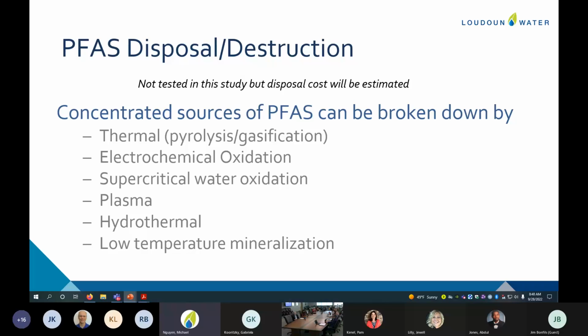But the low temperature mineralization, this was the Northwestern study that we all saw, where the news articles came out and declared, we've figured out how to destroy PFAS and it's very cost effective. We just used some really common solvents and broke it apart. So this was at a scale where it is manufactured PFAS, right?